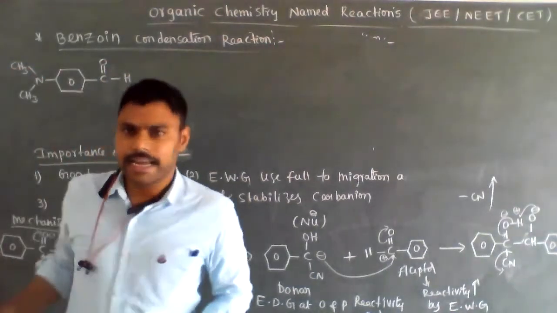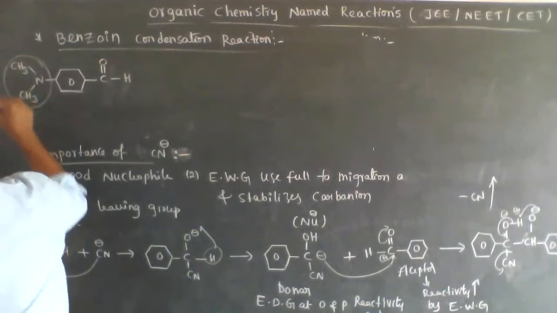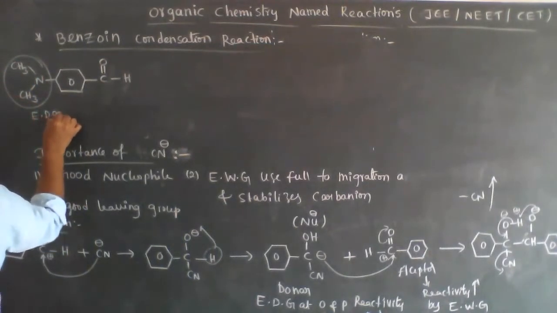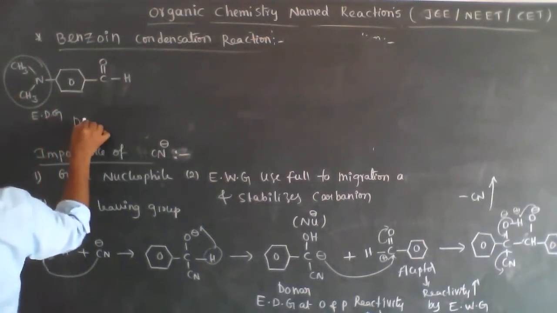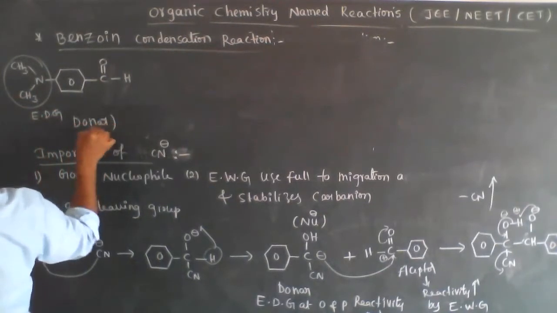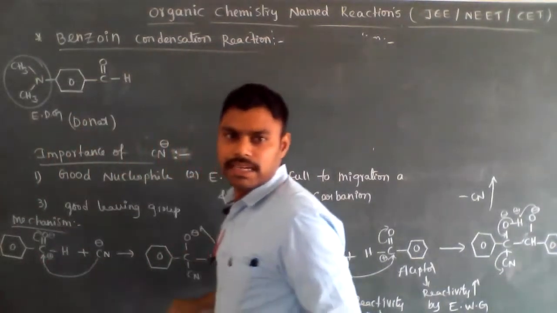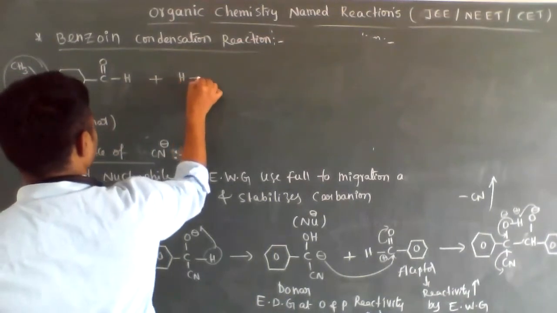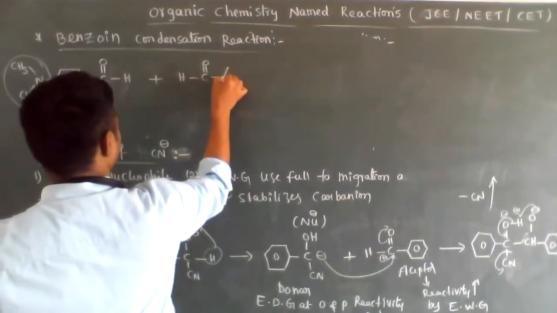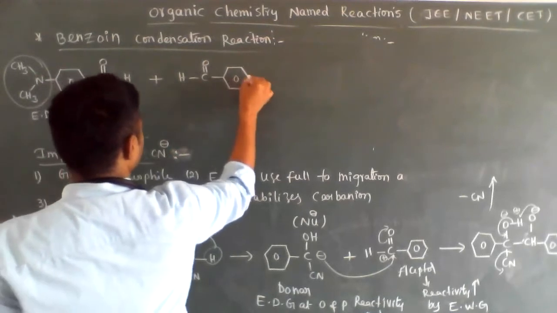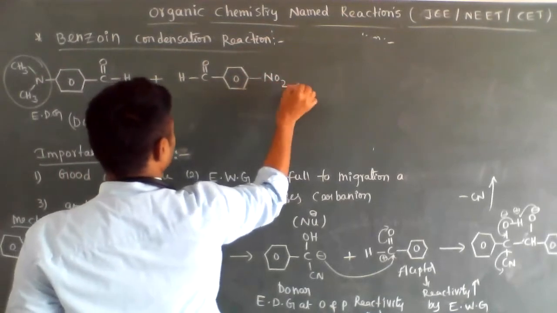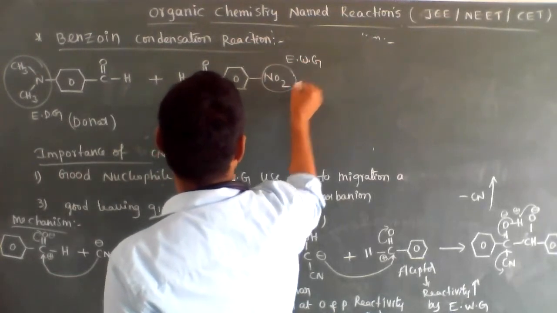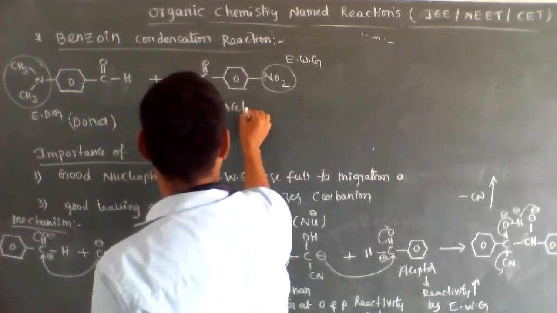These are electron donating groups. That's why this benzaldehyde acts as a donor. And another molecule, an aromatic benzaldehyde derivative, contains an NO2 group. This is an electron withdrawing group. So mostly it acts as an acceptor.